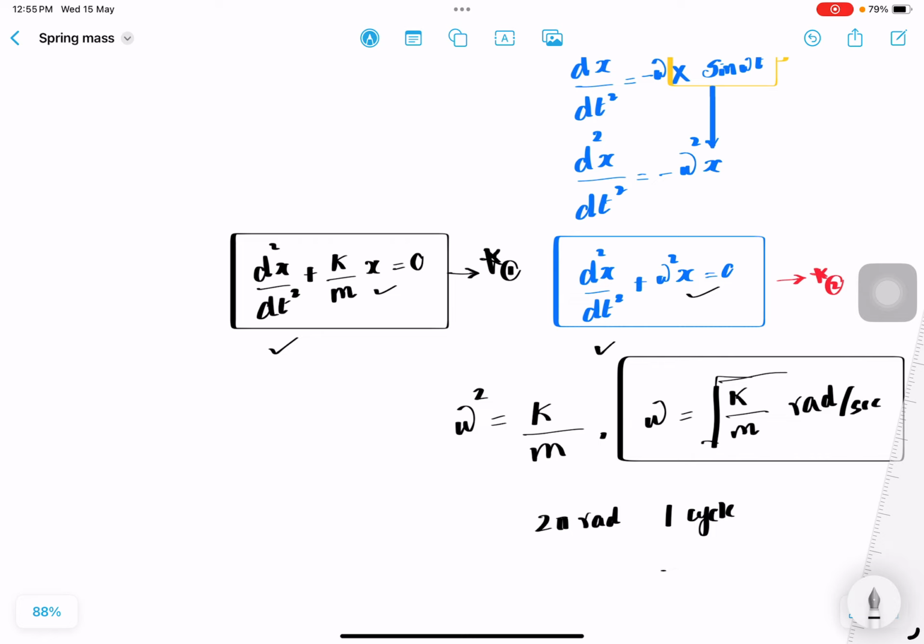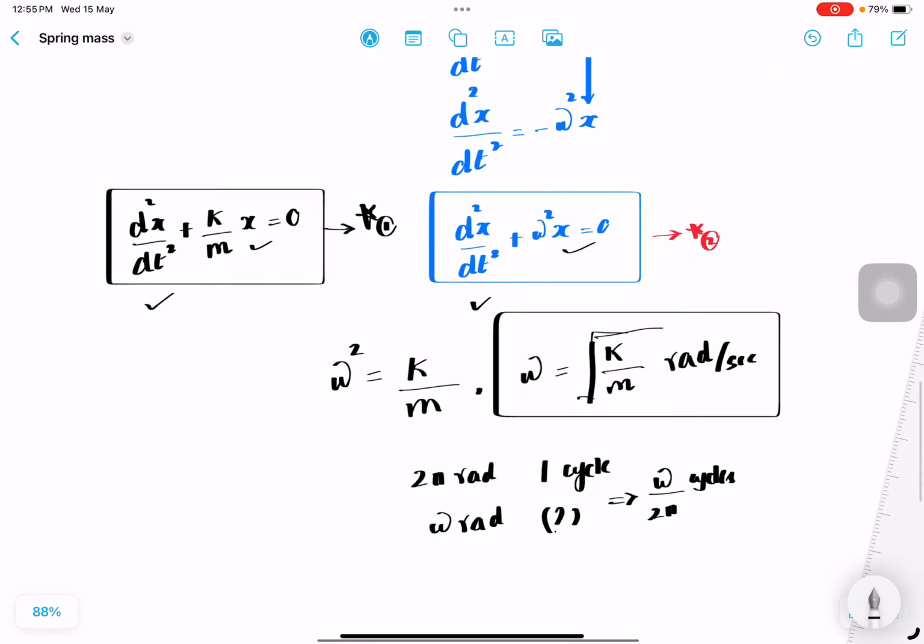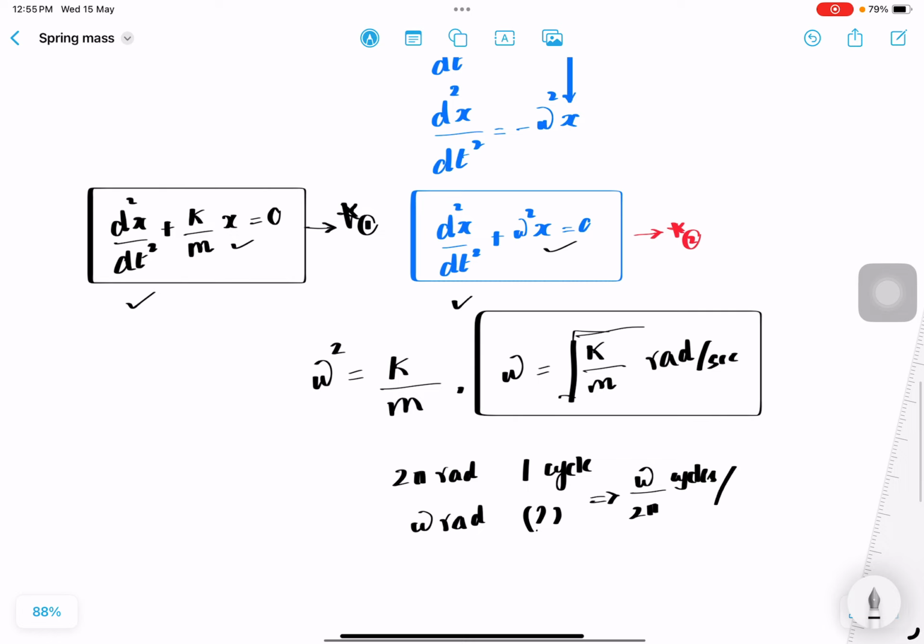So how many cycles would omega radians be? That would be omega divided by 2 pi cycles. Of course, this is omega radians per second, so omega by 2 pi cycles will be for 1 second.